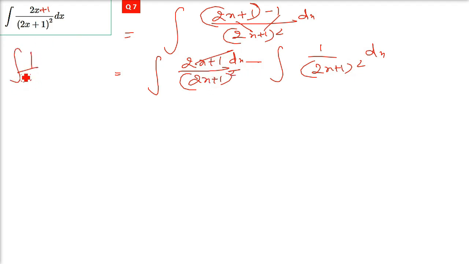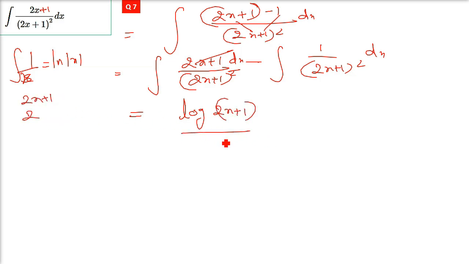Integration of 1 by x is simply ln x or log base e x. Here we have 1 by 2x plus 1, so you can just write this as log of 2x plus 1. But the work has not stopped now, because the differentiation of 2x plus 1 is 2, so you have to divide by it.